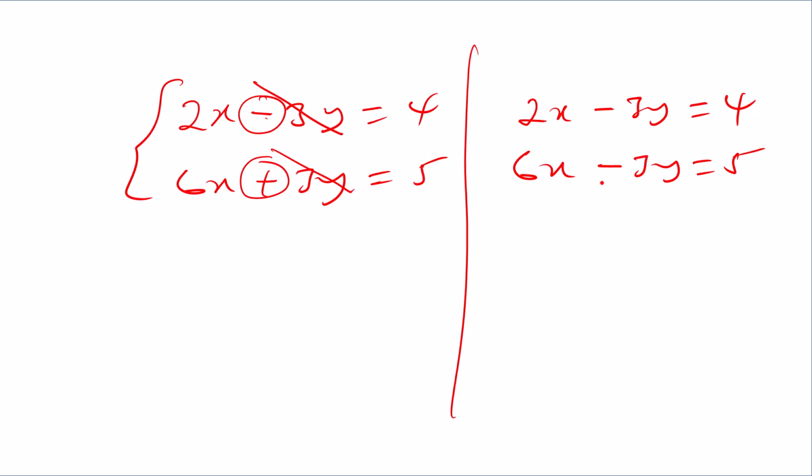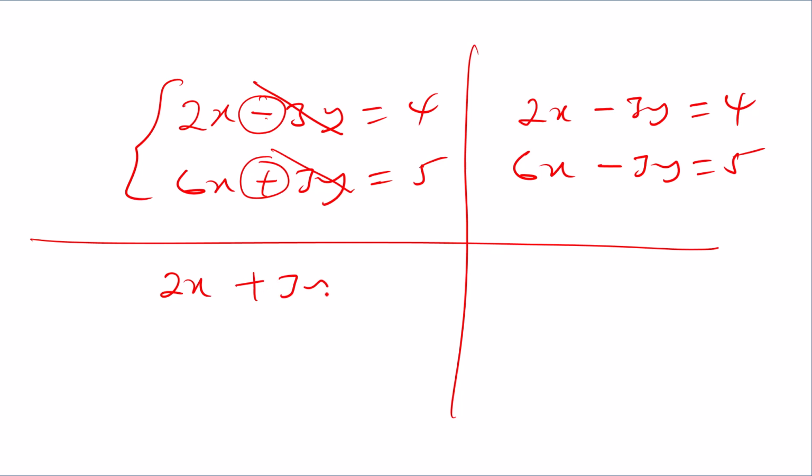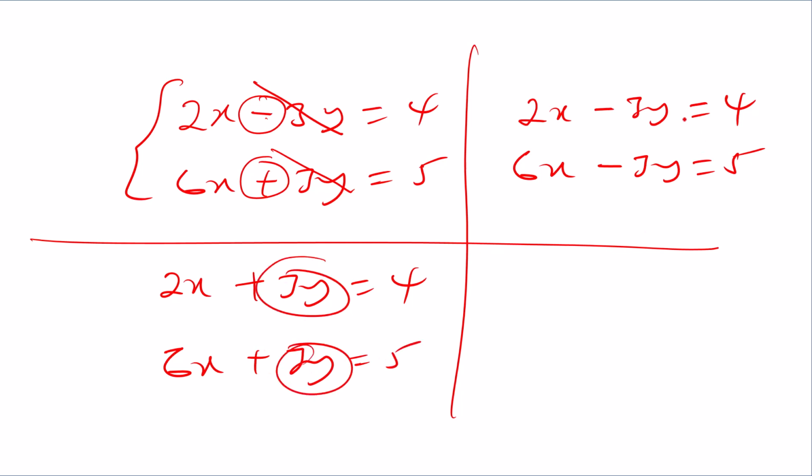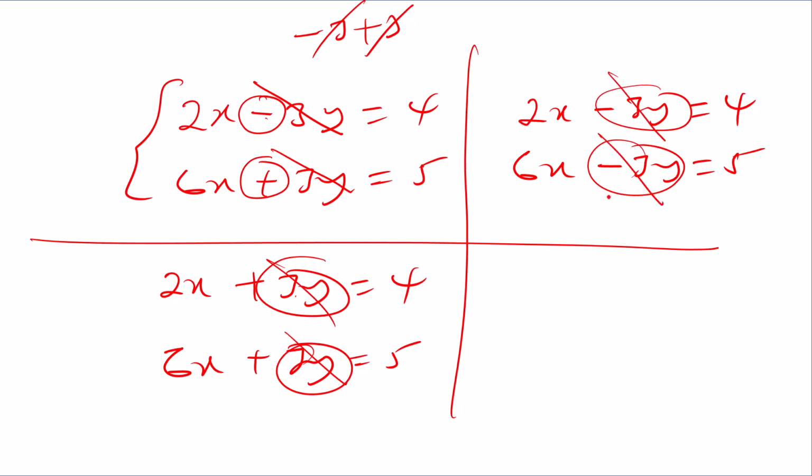With the same sign, we need to subtract. Take 2x plus 3y equals 4 and 6x plus 3y equals 5: the signs are the same, so we subtract and they go. Likewise, minus 3y and minus 3y, when you subtract, will go. So that is the idea.